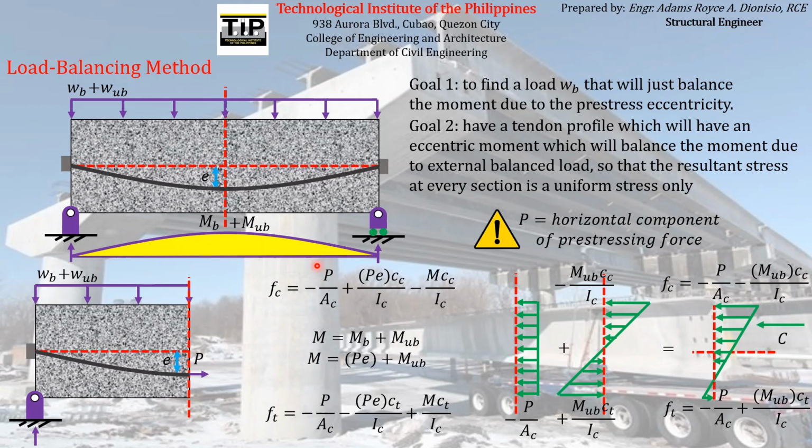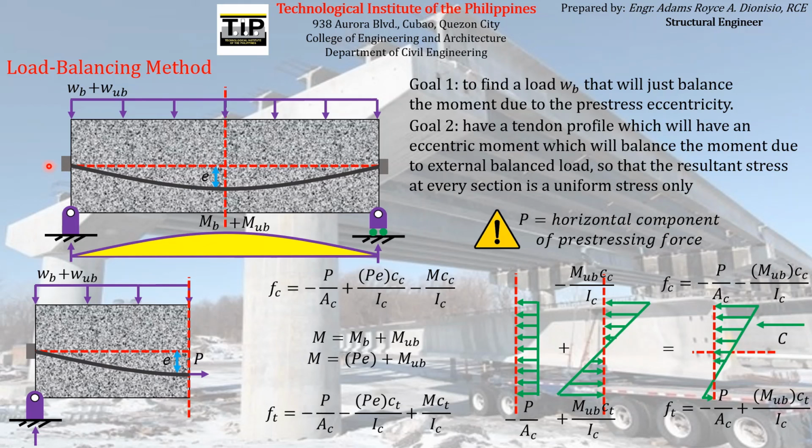Although, for cases wherein the simply supported beam has a very large length, you will encounter no problem using the magnitude of the pre-stressing force itself instead of the horizontal component. Because for long span beams, the pre-stressing force is approximately equal to its horizontal component.